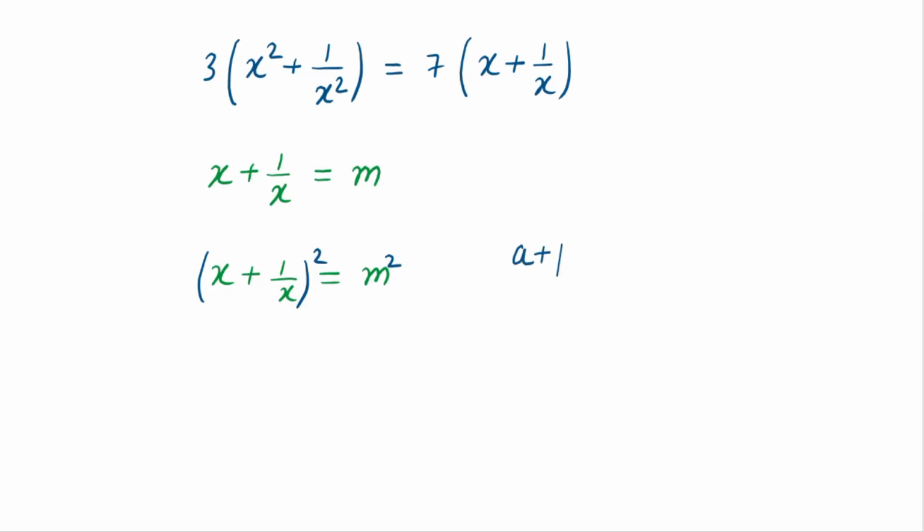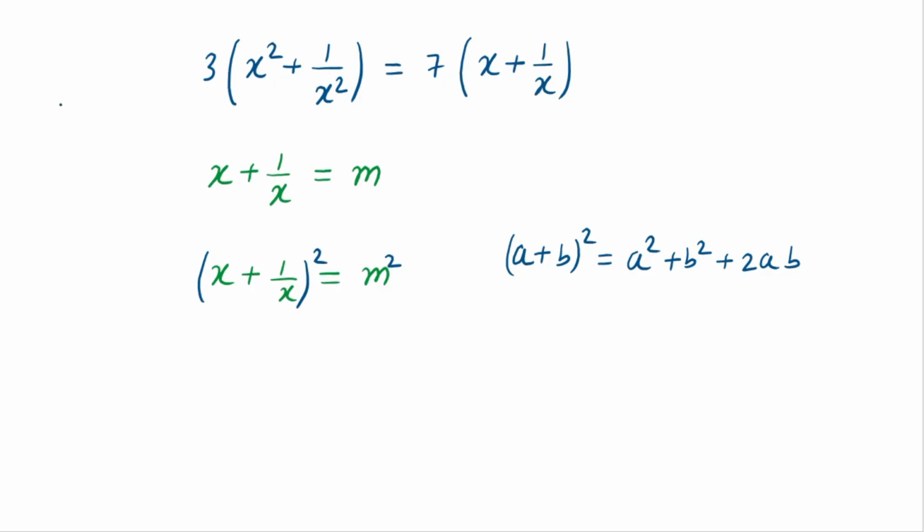We know that the algebraic identity of (a + b)^2 is a^2 + b^2 + 2ab. This x behaves like a, this 1 over x behaves like b. So this expression is (a + b)^2, and we can write it as a^2 + b^2 + 2ab.